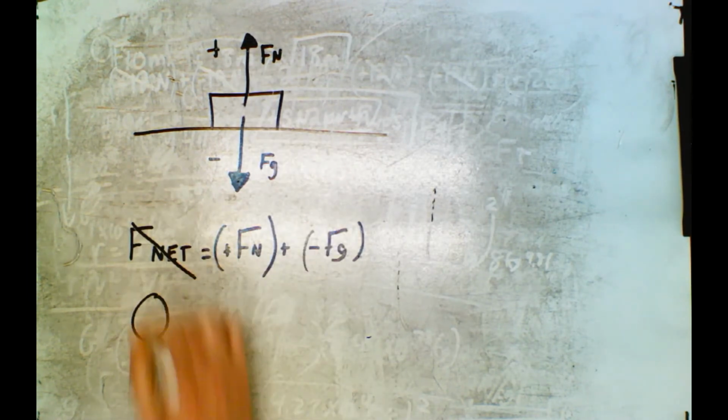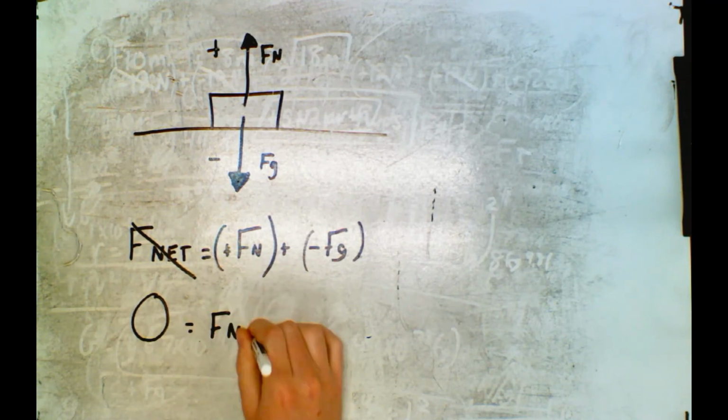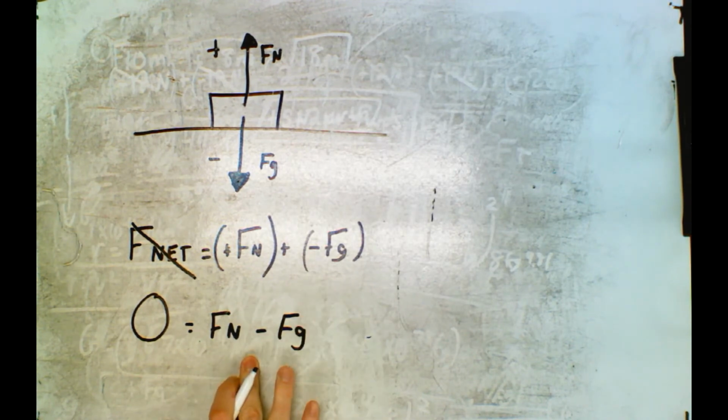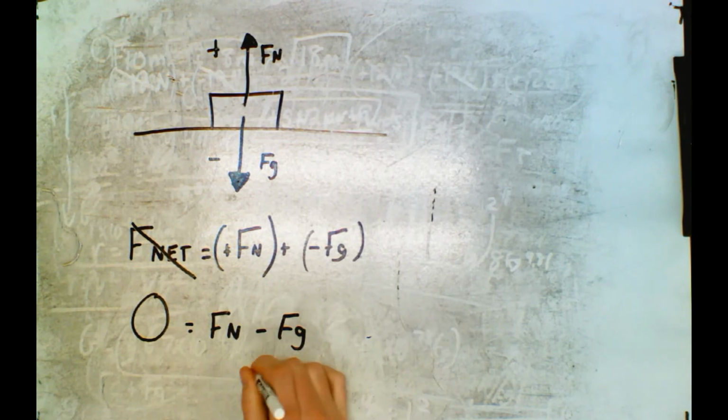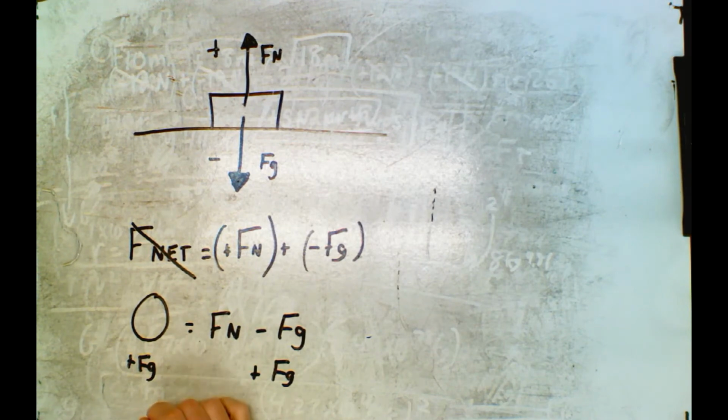Well, I'm going to get 0. So if I have 0 equals force normal plus minus, so I can just write minus force of gravity, same idea. And I rearrange this equation, so I move force of gravity to the other side by adding a force of gravity to each side. What I end up getting is force of gravity is equal to force normal.